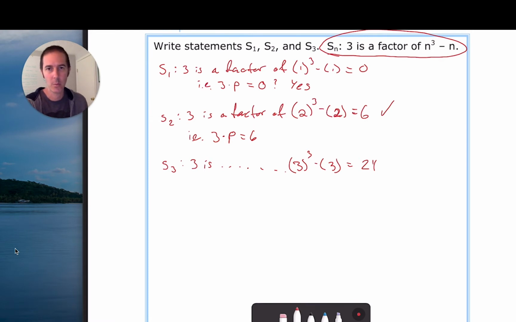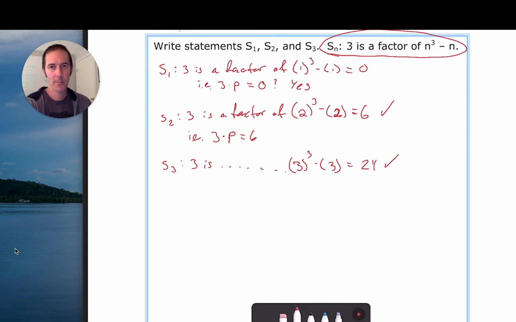So the p-value would be 8 in that case. We're just writing out the statements. What I'm pointing out to you is that all of these statements are true. So we've demonstrated that s sub 1, 2, and 3 are true. Does that mean necessarily that s sub 4 is true?